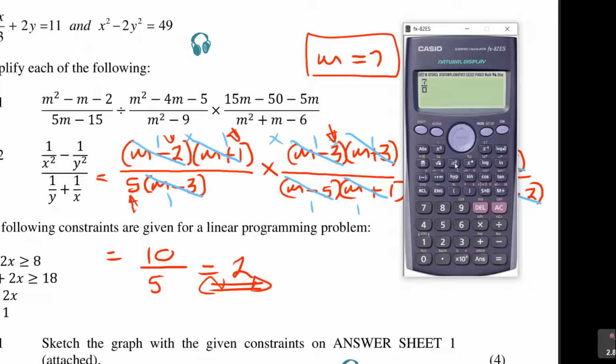So it's 7 squared minus 7 minus 2 over 5 times 7, maybe I can save more space, 5 times 7 minus 15, divided by, do it as is, and then m is what? 7 squared minus 4 times 7 minus 5 over 7 squared minus 9, not 49.